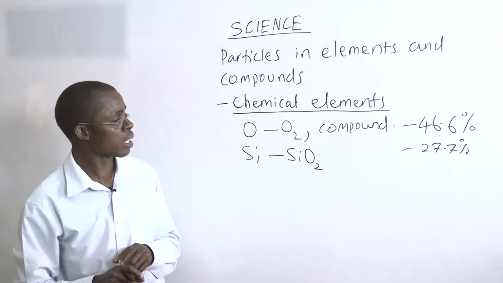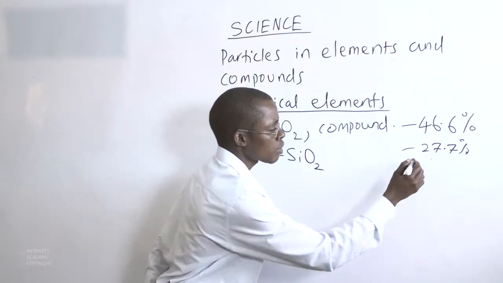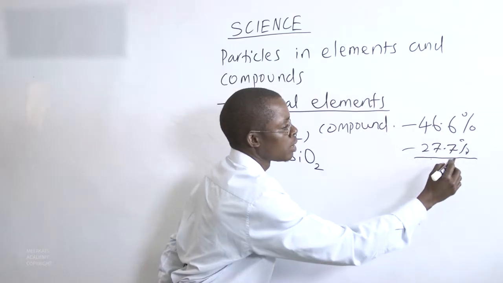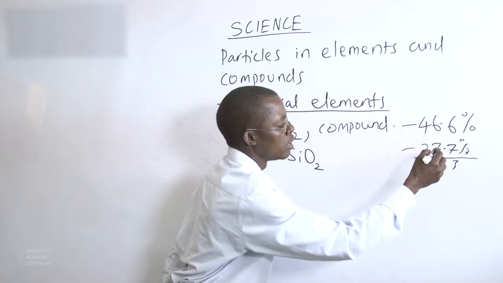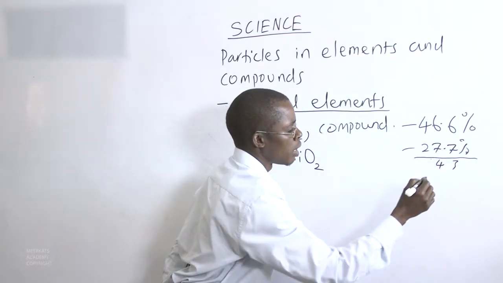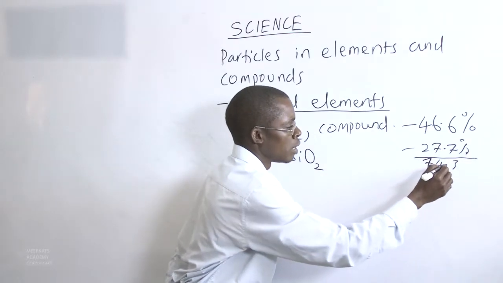Let's do a calculation and find a combined percentage of these two. This is 13, carry 1, this 13 plus the 1, 14, that is 6, 7.